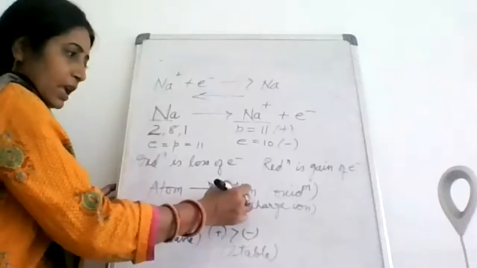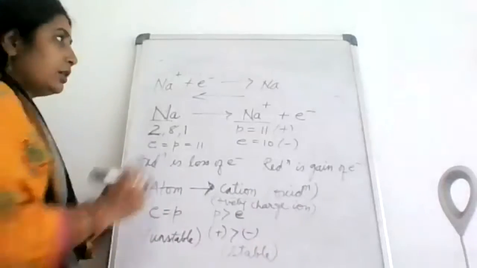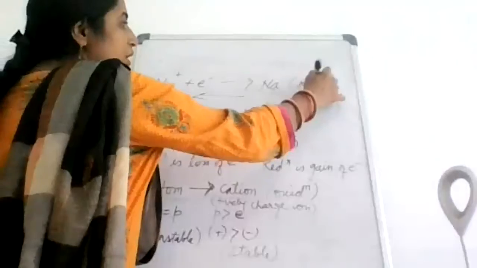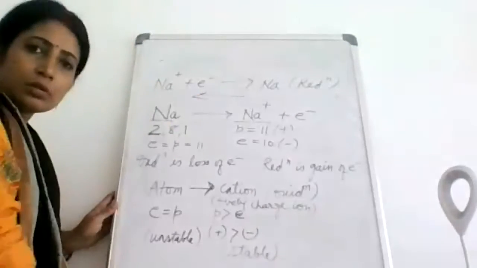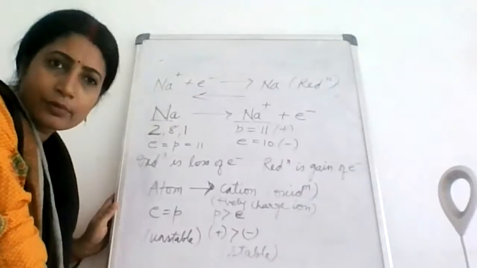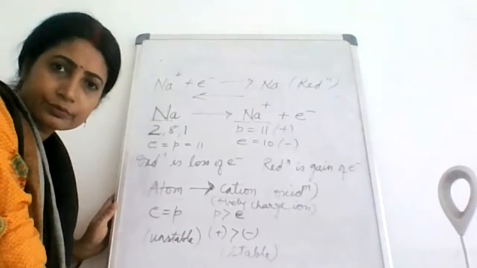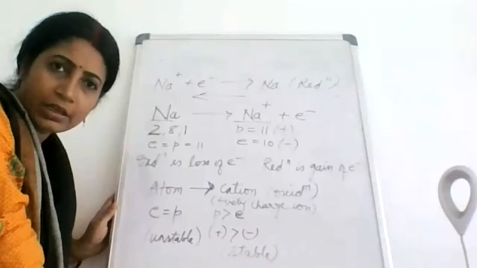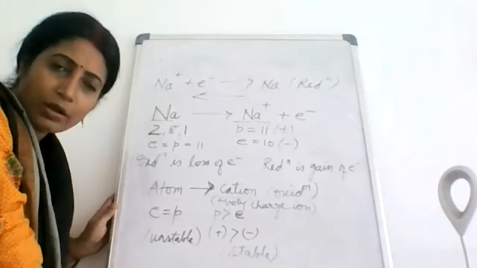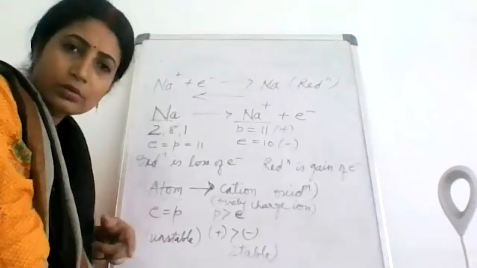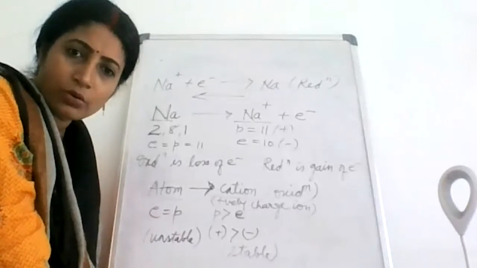Atom forms cation, process of oxidation. Cation forms atom, that is the process of reduction. Clear? If it is not clear, again you will go through the video and see. Okay?